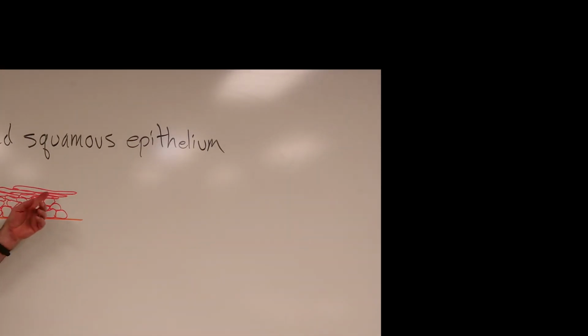So as long as we have flattened cells on the surface, this is going to be a squamous type of epithelium. Again, we have a basement membrane down below, we have a free surface above, and then our layers are stacked between the basement membrane and this free surface we have here.